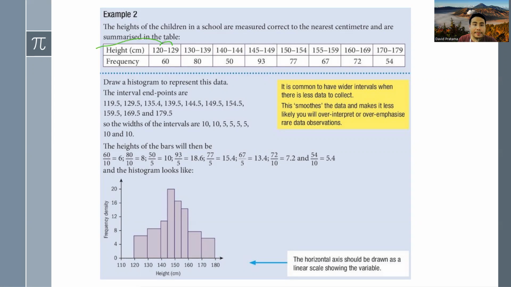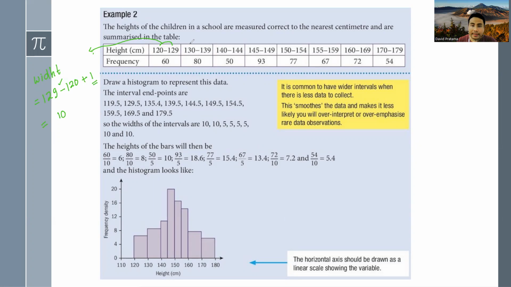What is the width? The width is 129 minus 120 plus 1. So the width is 10. You need to subtract and then add 1.